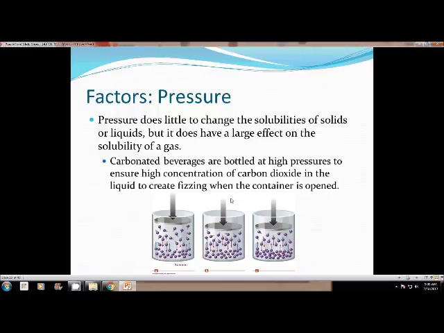This causes the rate at which the gas enters the solution to increase, so the concentration of the gas increases when it's dissolved in the solution. Then for C, a greater gas concentration in the solution causes an increase in the rate of escape. So a new equilibrium is formed when you create a different volume and a different pressure.